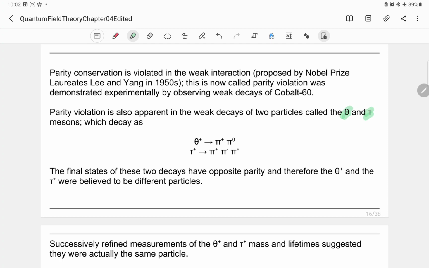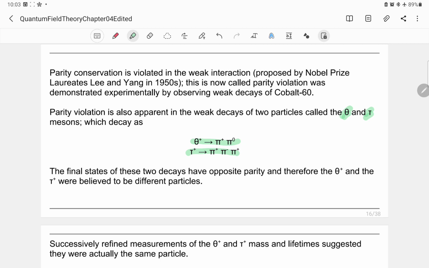These are the theta meson and tau meson. They decay in this particular decay. So here you have a meson which is -1 on the left side, and on the right side you have different parities.